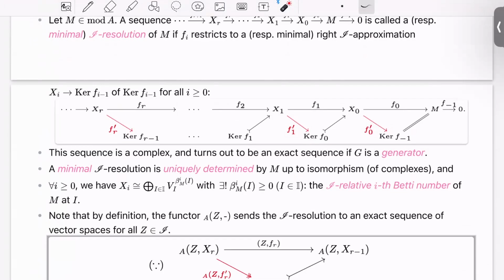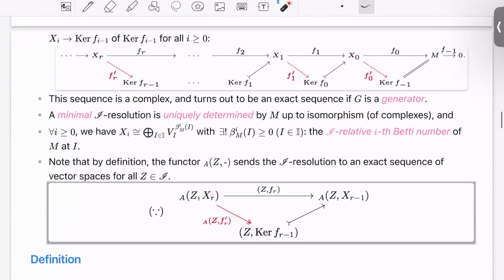Then by Krull-Schmidt theorem, each term can be written as a direct sum of indecomposable objects, and the multiplicity is uniquely defined. So these multiplicities are called the I-relative i-th Betti numbers. So now I put I relative here.